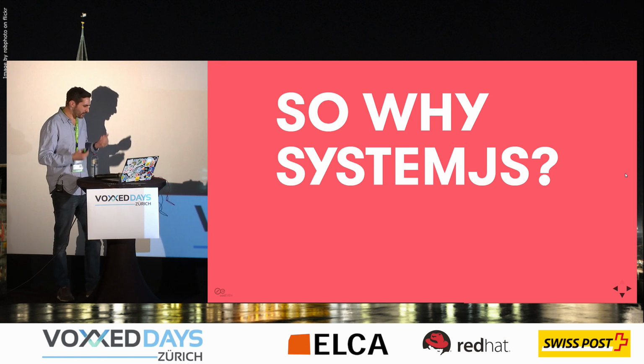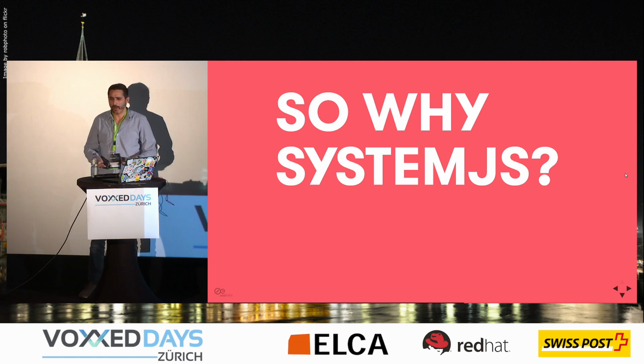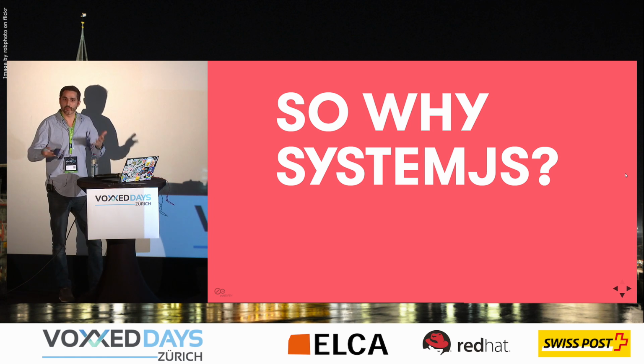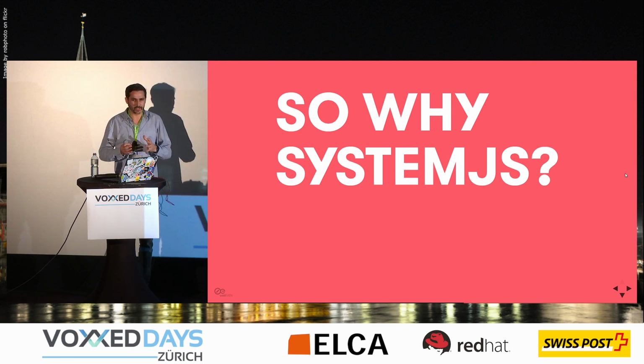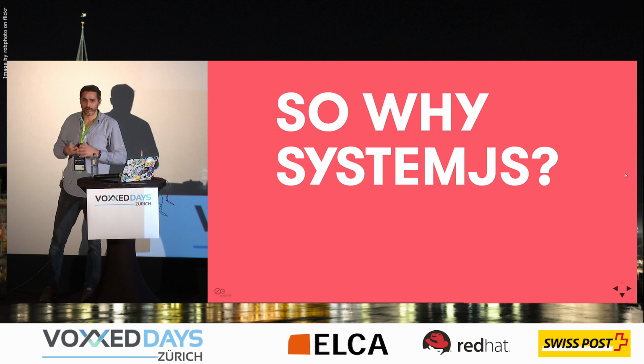So now, since we have a module loader specification and we also have a polyfill, why do we need SystemJS, when we can already load modules in the browser? The problem is not the tool itself, but our environment.